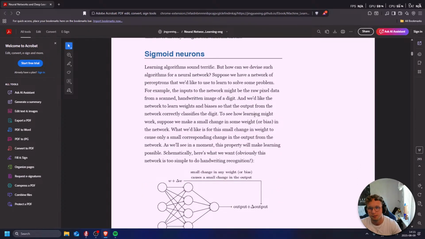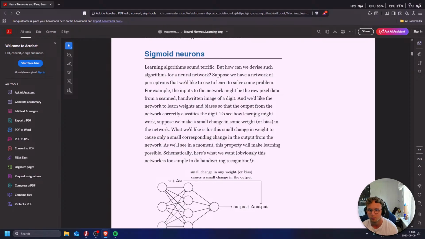Learning algorithms sound terrific, but how can we devise such algorithms for neural networks? Suppose we have a network of perceptrons that we would like to use to learn to solve some problem. For example, the inputs to the network might be the raw pixel data from a scanned handwritten image of a digit, and we would like the network to learn weights and biases so that the output from the network correctly classifies the digit.